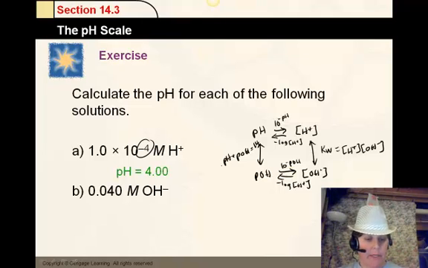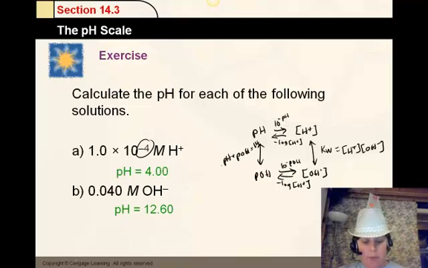I only need 2 sig figs here, about 1.40. Then what I can do is I can say 14 minus 1.397, and I get about 12.6. So let's see what they say the pH is. Yep, exactly. So this is probably the easiest way to do this particular problem.